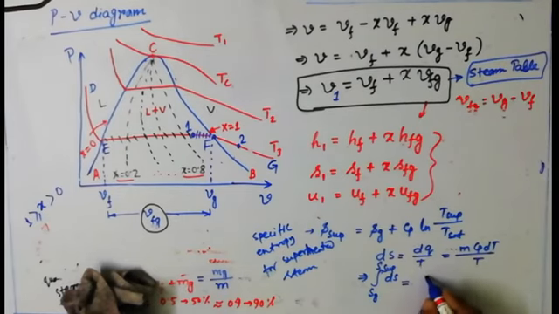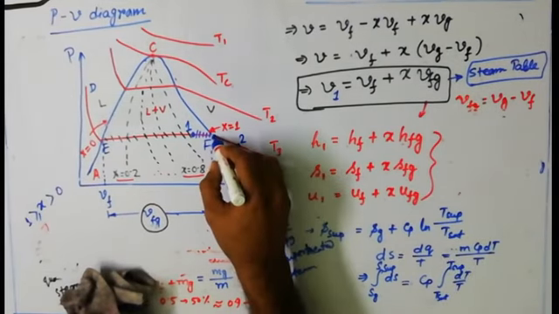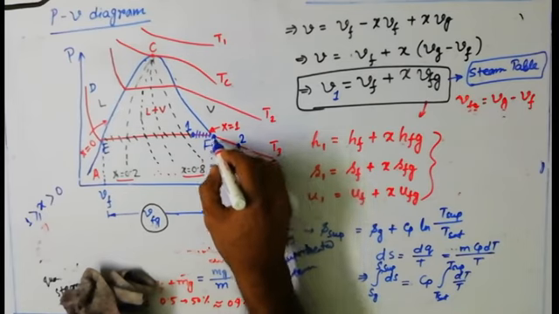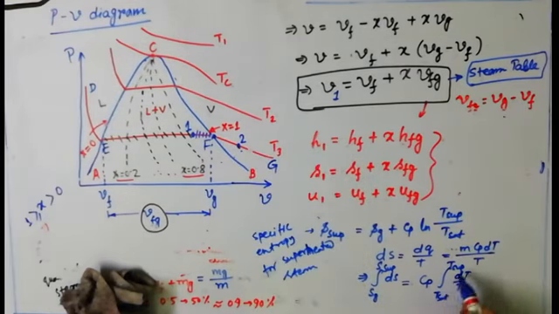Cp is constant, it will come out, and for dT by T the integration limit will be T sat to T sup. Here the temperature is T sat, here the temperature is T sup. That's why I am moving from this point to that point, and taking the integration limit of T sat to T sup.